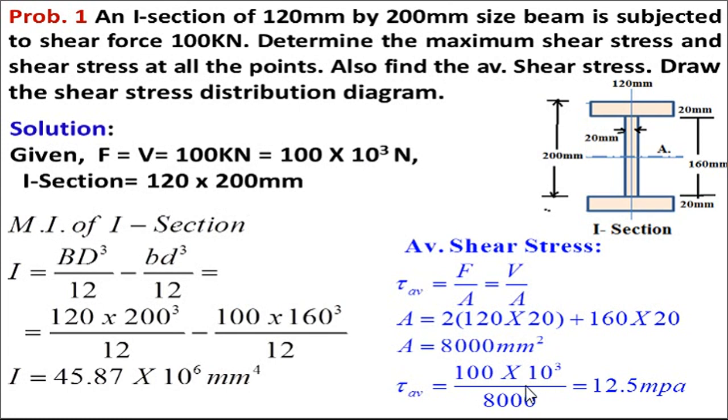Area means the area of the entire cross section: two flanges of size 120 by 20, so 2 into 120 by 20, plus the web area, which is 160 into 20. So 8000 is the total area of the cross section. Tau average will be equal to shear force upon area. You will get 12.5 MPa.